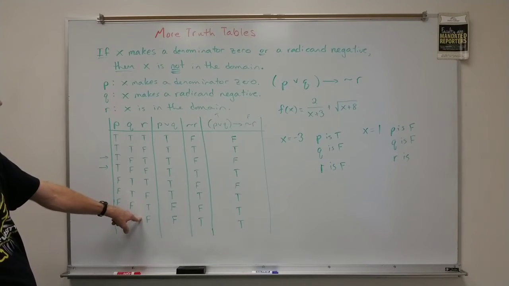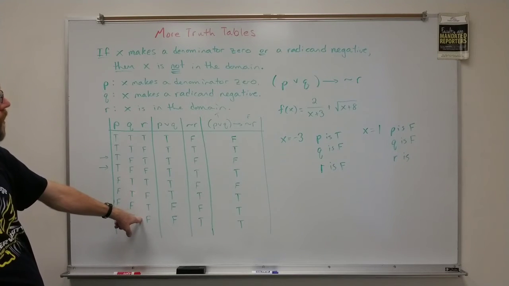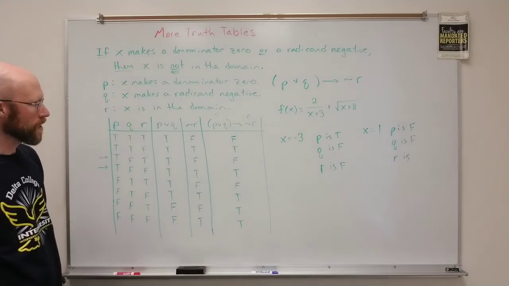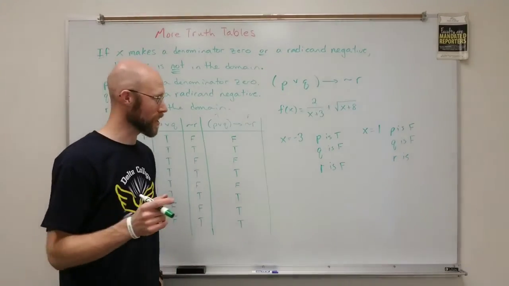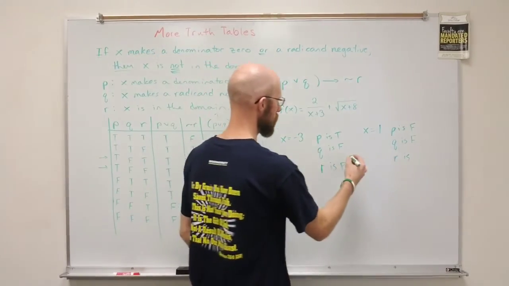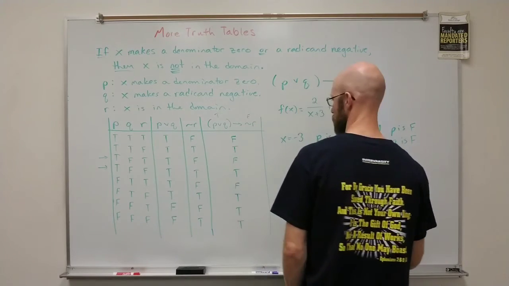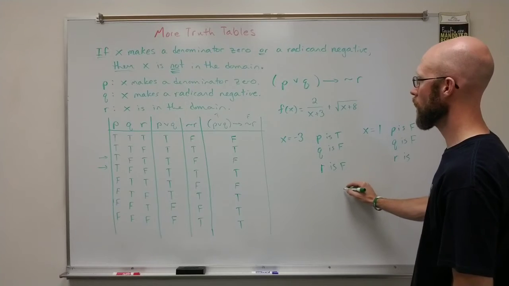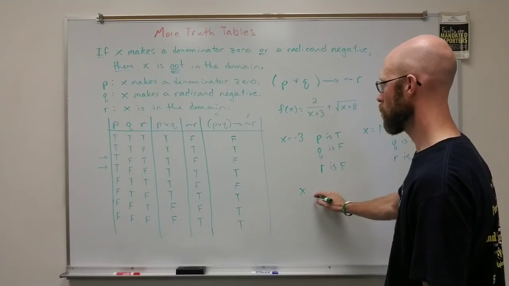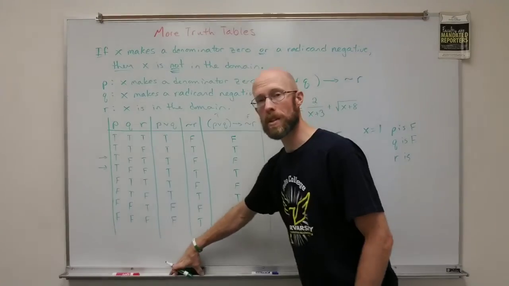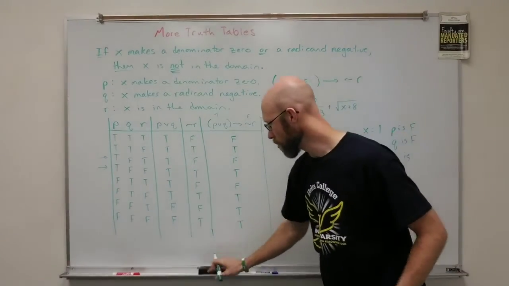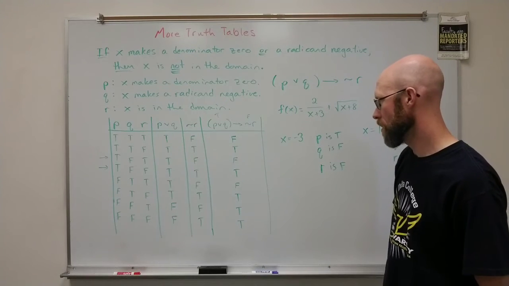Oh, fascinating. So you could have x in the domain or not in the domain. Oh, I see. Okay, so what's interesting here is this would tell you that x could be in the domain, so 1 could be in the domain, or maybe there's another reason that it's not in the domain, I suppose. It's kind of interesting.